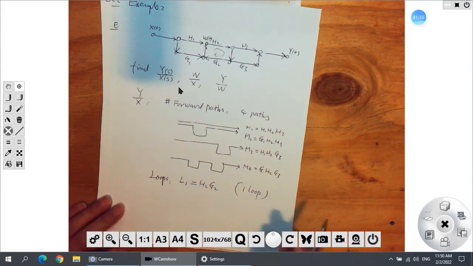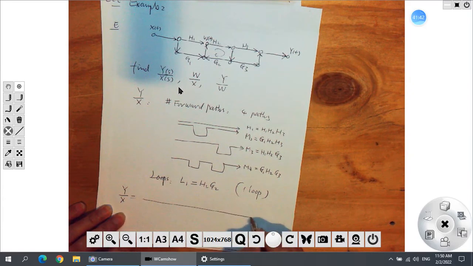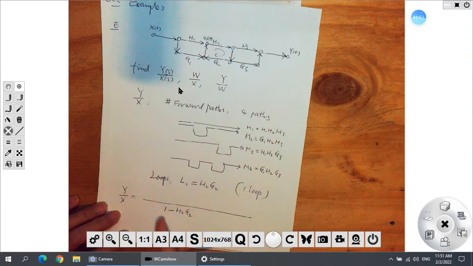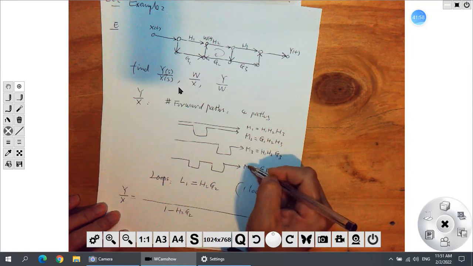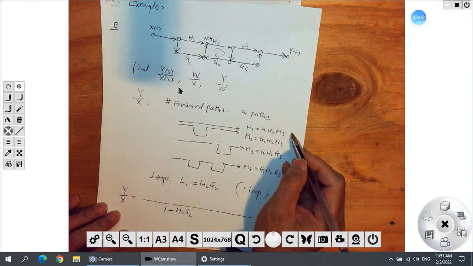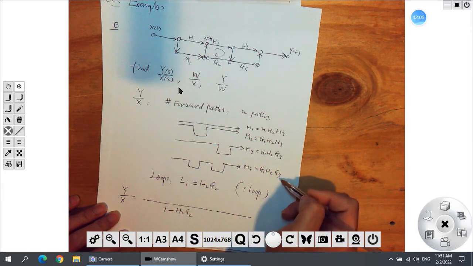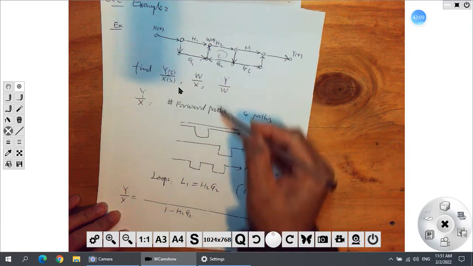Now the transfer function, Y over X, equals: the denominator is 1 minus the loops, plus products of two loops. We only have one loop, so it's just 1 minus this loop. This is the denominator. For the numerator, you add these 4 paths together, each one times delta 1, delta 2, delta 3, and delta 4. You see this L1, this is the loop, located here.